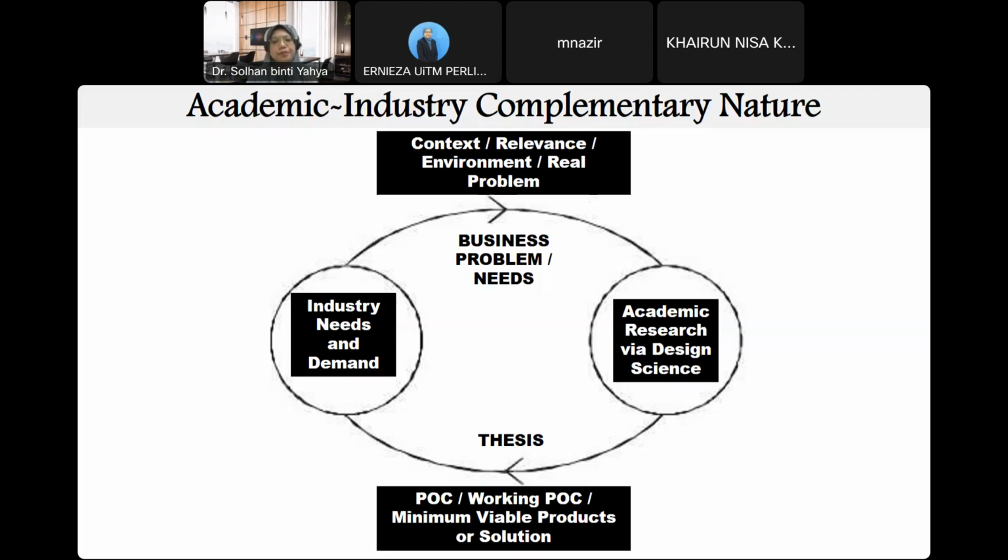And then, triggered by the business problem, we can find out how academic research can come in and build the thesis from the design science point of view, all right? And then you build the thesis, and in the thesis, of course, you need to look after the fundamental contribution because that is your PhD and master merit.